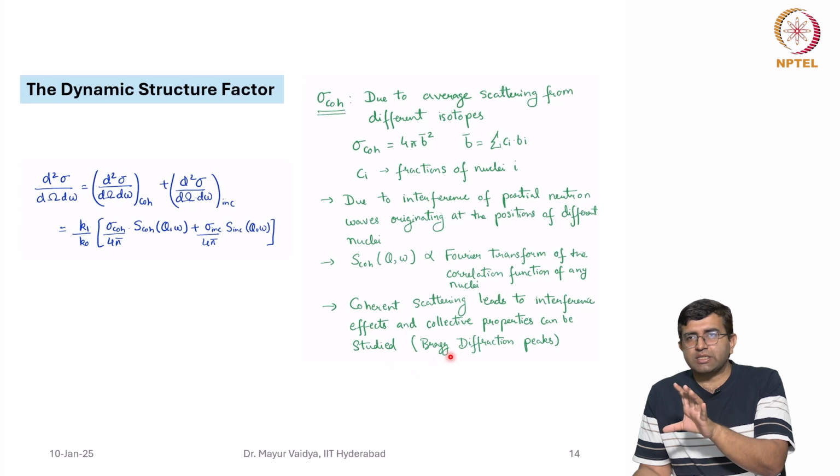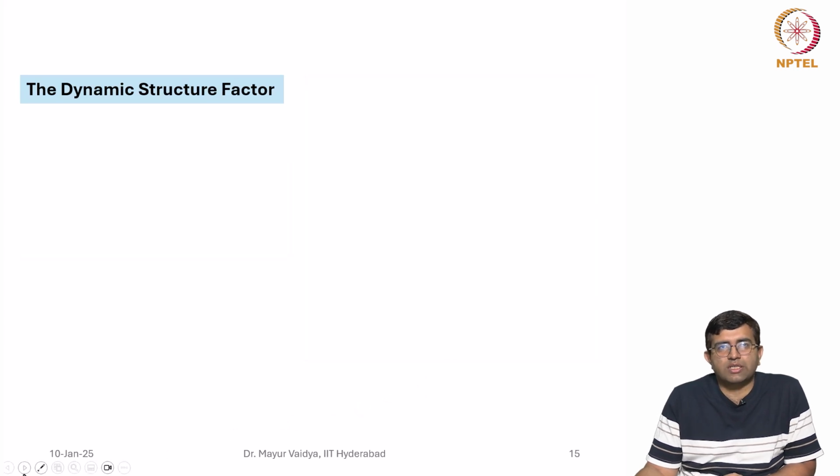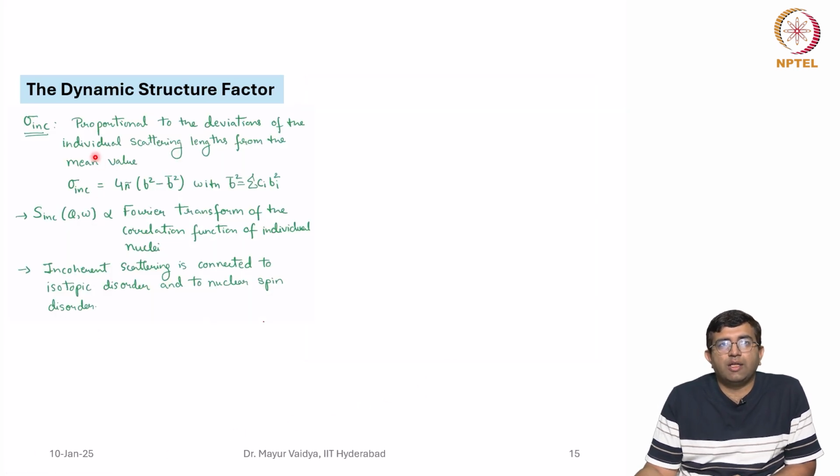Whereas the coherent scattering, where collective properties can be studied, has a classic example in the diffraction peaks, which are generated due to coherent scattering. The incoherent scattering is proportional to the deviation of the individual scattering lengths from the mean value. So the incoherent scattering is equal to 4 pi times b square bar minus b bar square, with b square bar equal to the summation of Ci into Bi square.